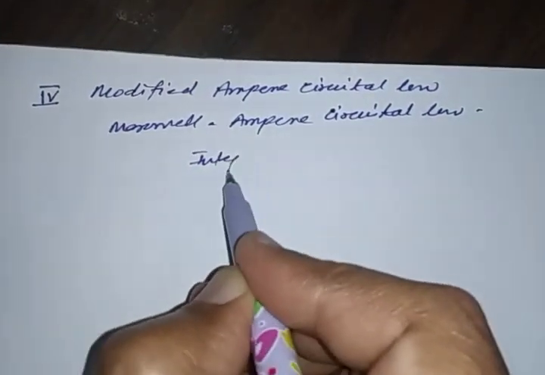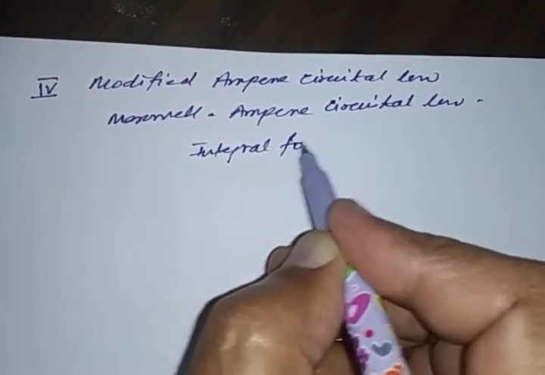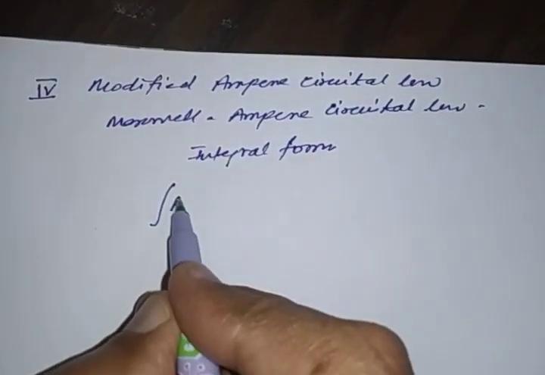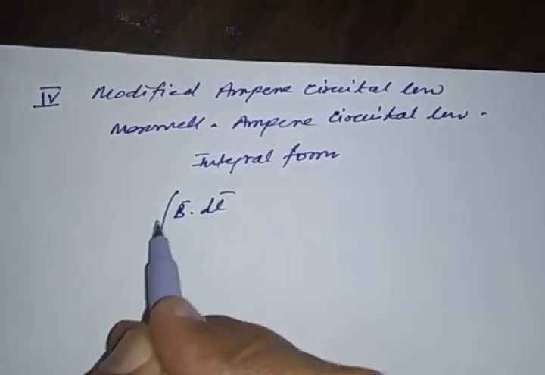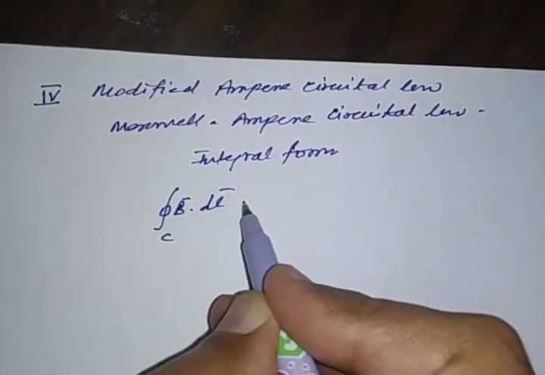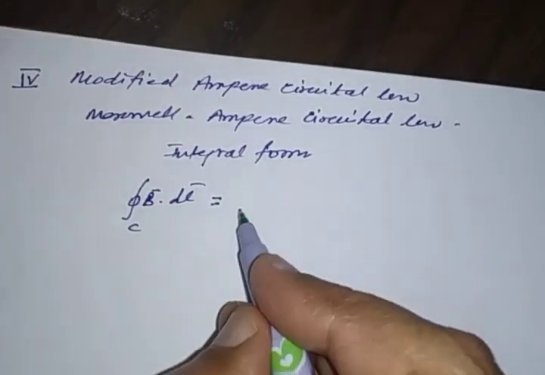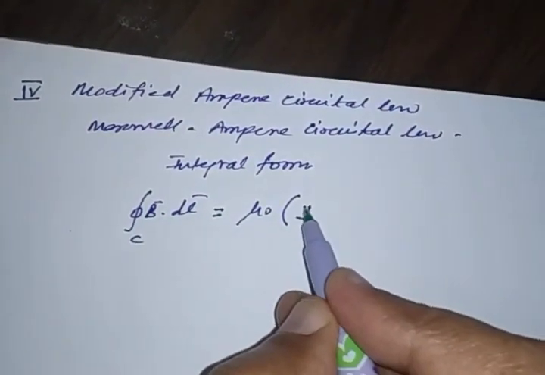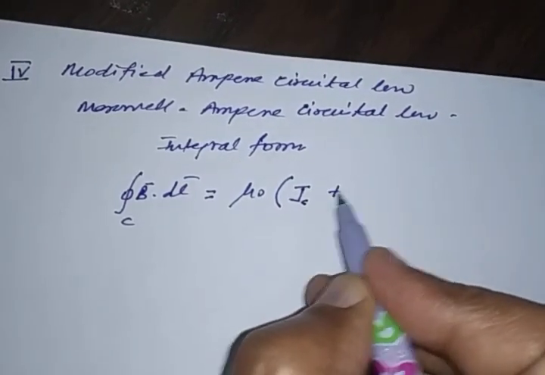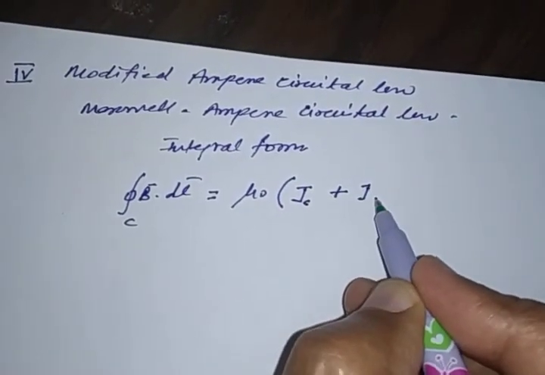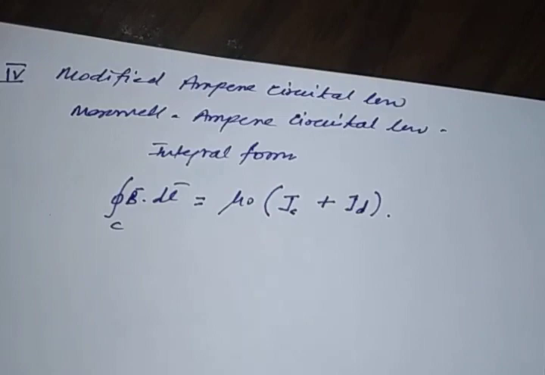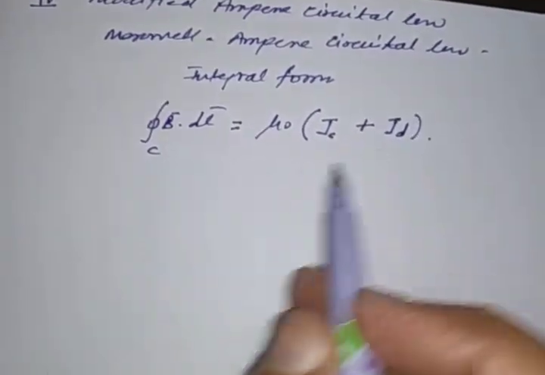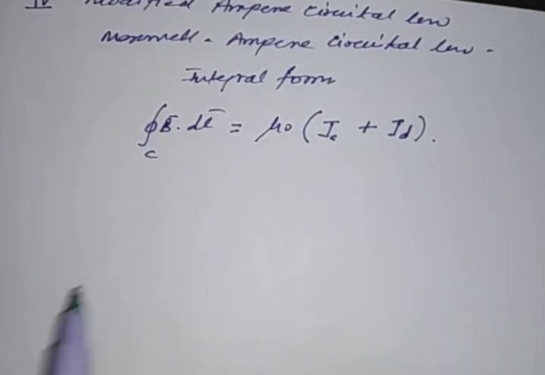The integral form of that: the line integral of the magnetic field around an enclosed curve is equal to mu naught times the conduction current density and displacement current density. Now over here we need to clarify the value of this displacement current density.